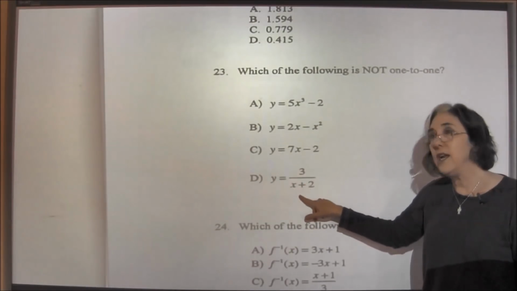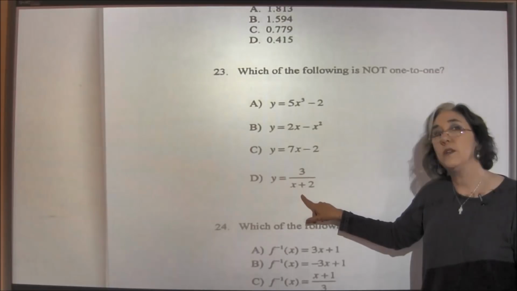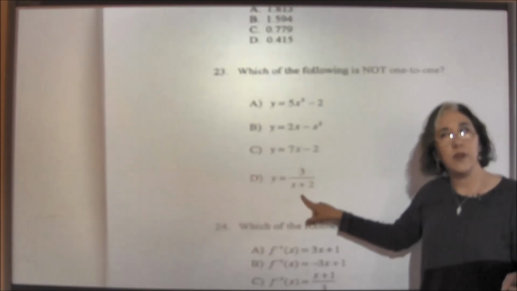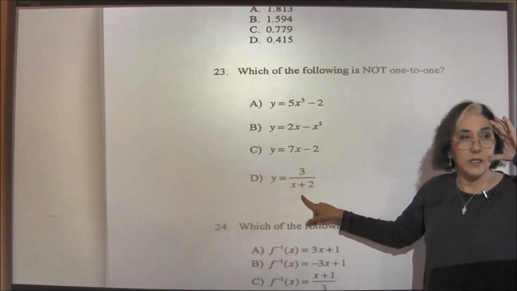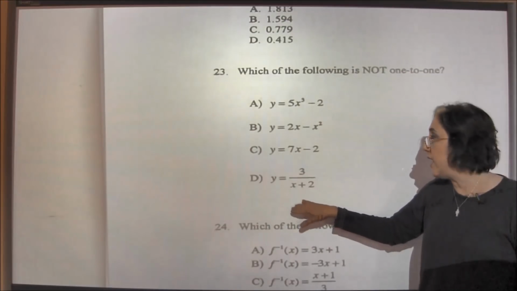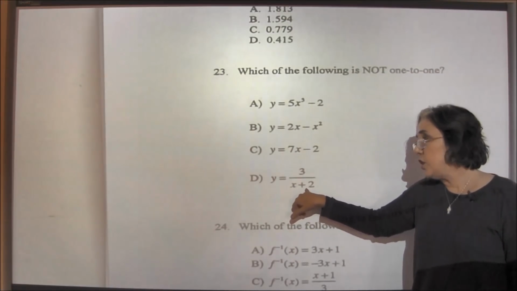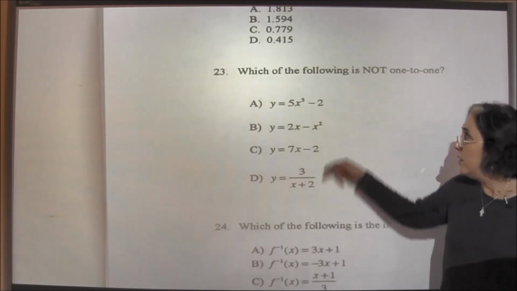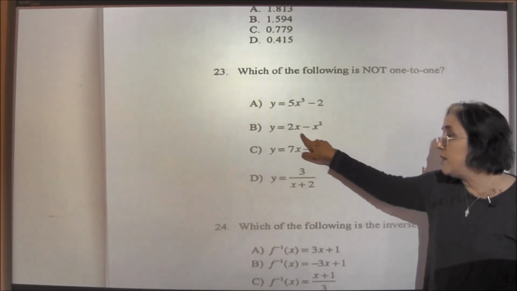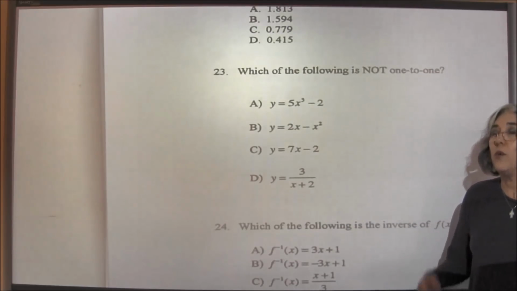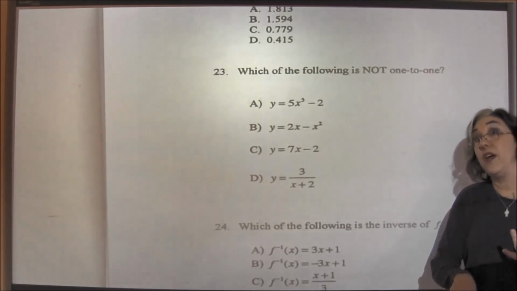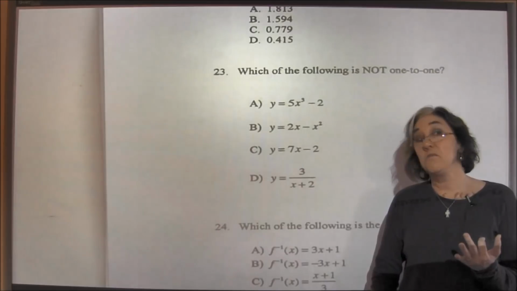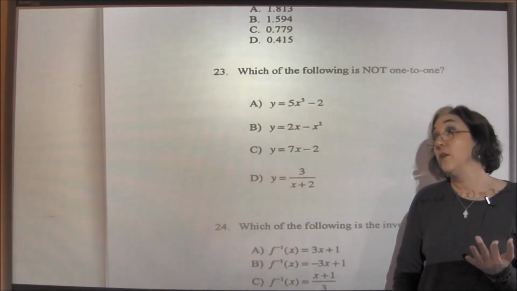This one you may not recognize as well, but that's the reciprocal function, y equals 1 over x, way back in unit 1. Anyway, that's shifted and stretched, but it is one-to-one. So these three are all one-to-one. The parabola is not. So that's why I wanted you to think. Parabolas, absolute value, horizontal lines, that pretty much covers the not one-to-ones that we've done.